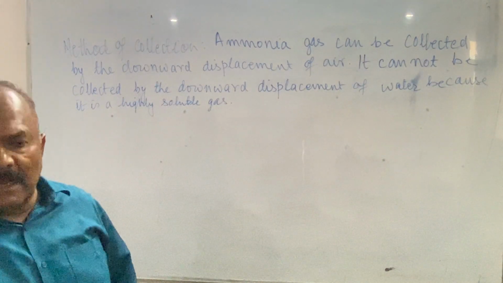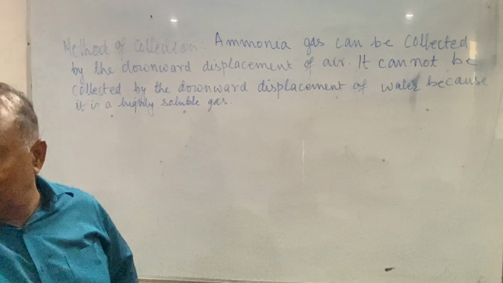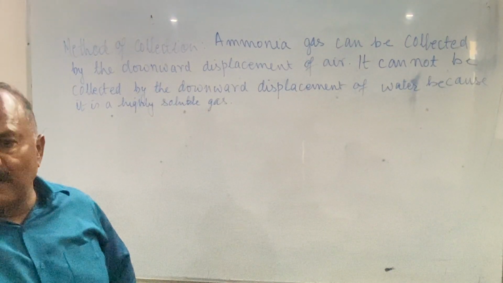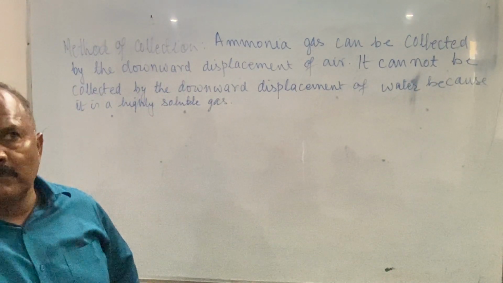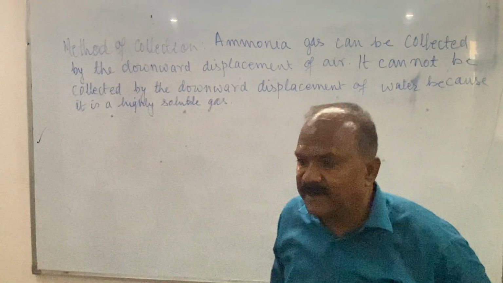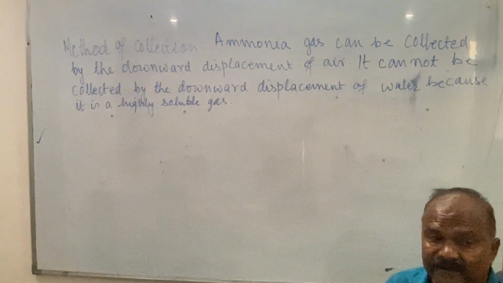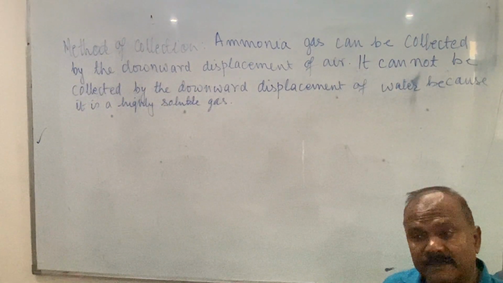I'll tell you one thing, it's around 1.7 times faster than HCl gas. It dissolves nearly 700 something liters of ammonia gas in 1 liter of water.